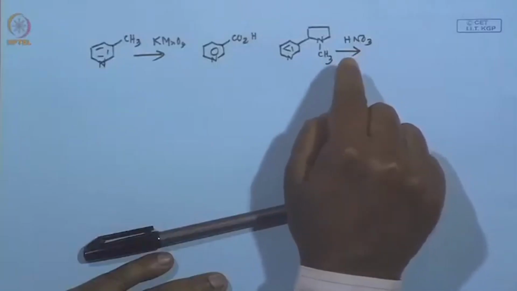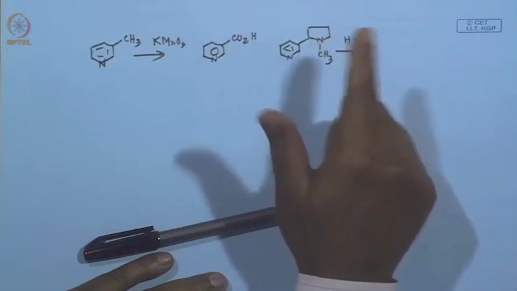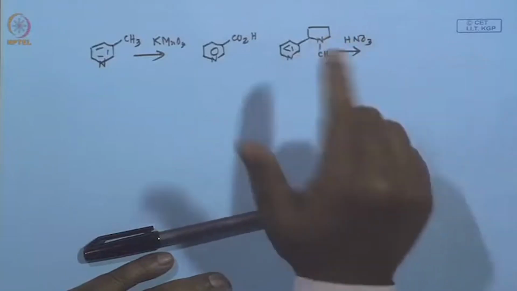So, the first thing to take place is the protonation of both the nitrogens, that is perfectly all right. But also we know that nitric acid is a very strong oxidizing agent. So, it can chew up the whole molecule and burn it, or you can get a nice clean product. Okay, to give you the answer, it gives a clean product.